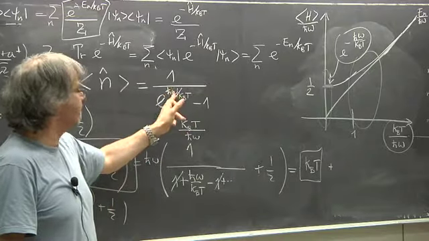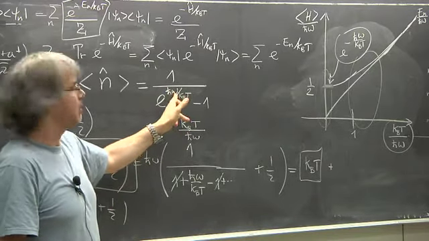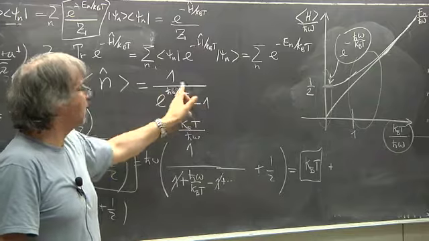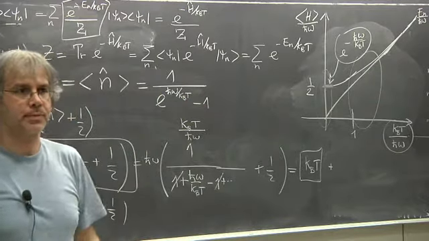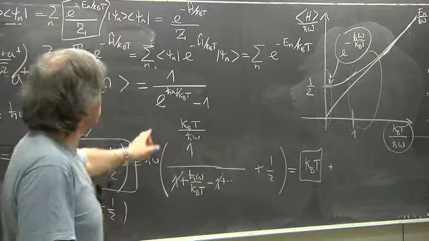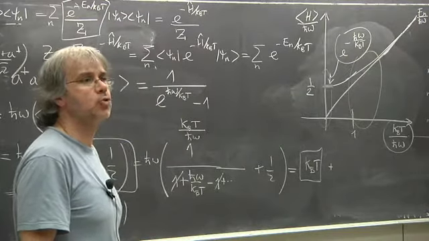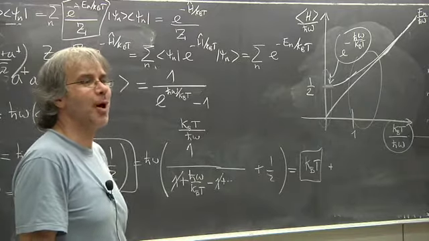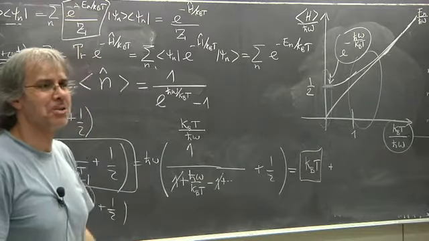Omega is definitely different from 0, and therefore this is an exponential of a positive quantity. Okay, what if h bar omega is equal to kbt? This is e to the 1, e, 2.7 something, minus 1, 1.7 something.